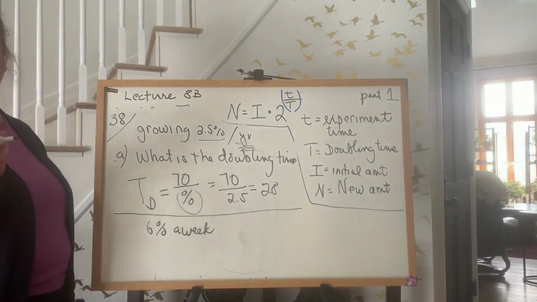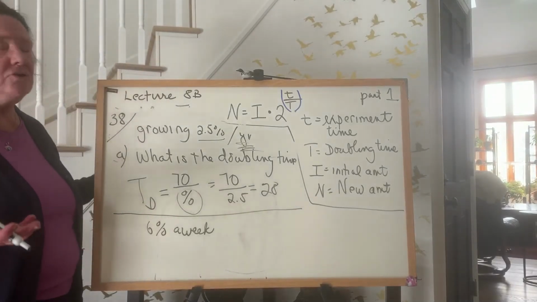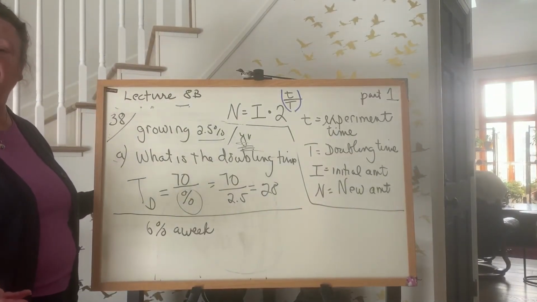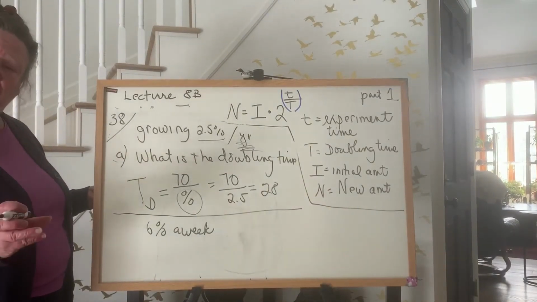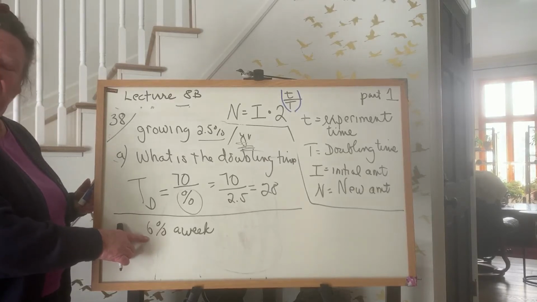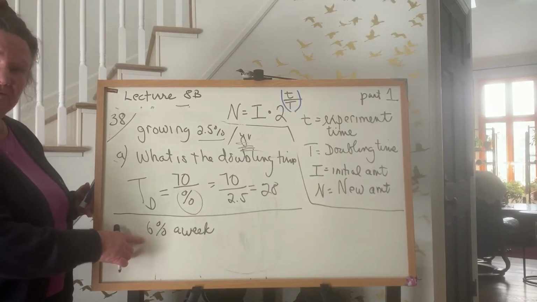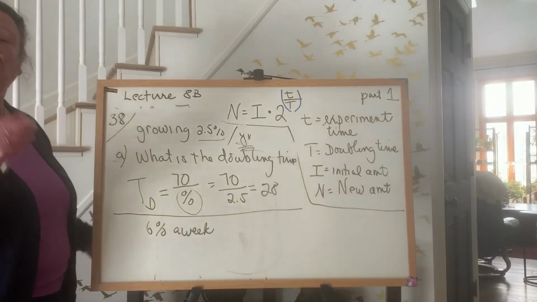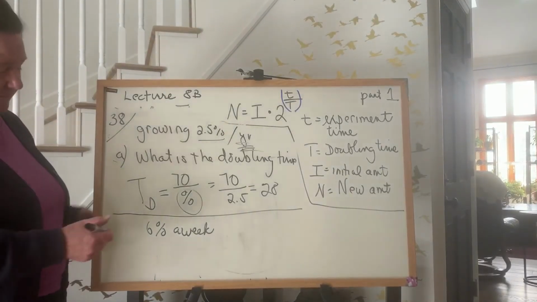So I start out with 100 centimeters or grams or kilograms or whatever, and 1 week later I've got that original 100 plus another 6%. So starting week 2 I have 106, and that's going to double to 212.